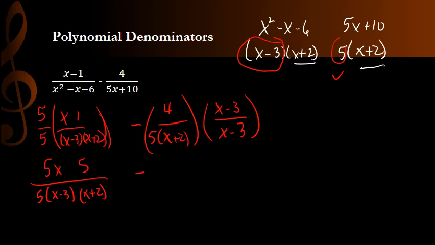Minus, let's distribute this numerator and numerator, so we've got 4x minus 12, 4 times x is 4x, 4 times negative 3 is negative 12, over, and I'm going to write them in the same order, commutative property, 5 times x minus 3 times x plus 2. So we've got everything to a common denominator, and now all we have to do is perform this operation. This negative right here is going to make this a negative 4x and make that a positive 12.